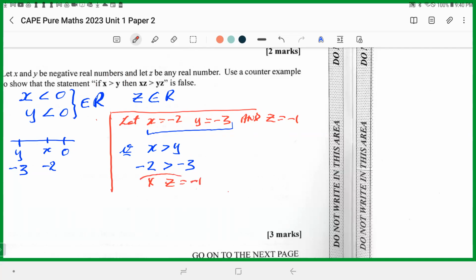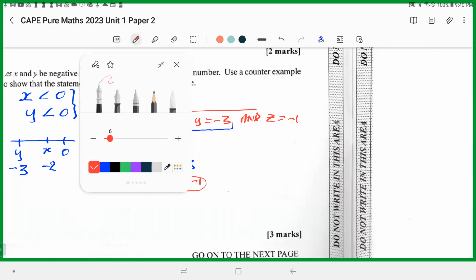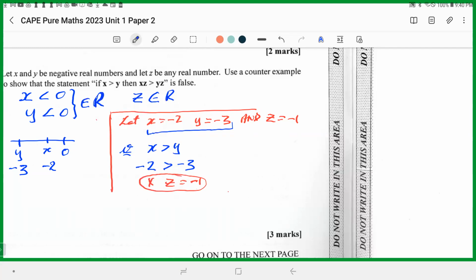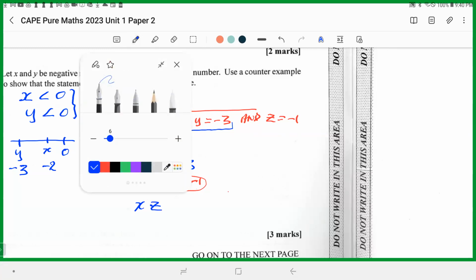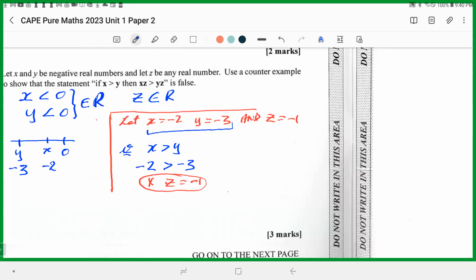Multiplying by -1, I'm going to get x times z, the xz, and I multiply by -1.